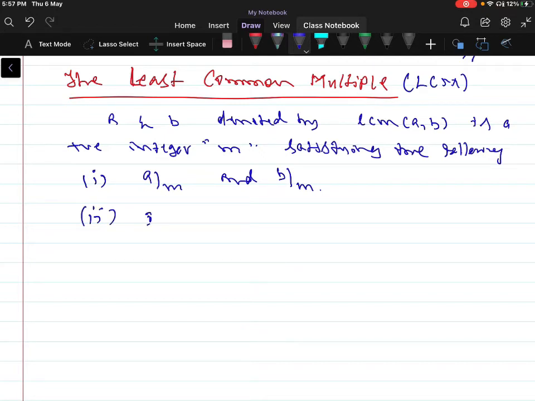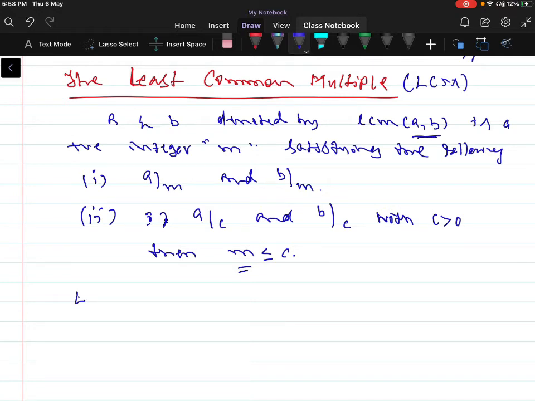Second, if a divides c and b divides c with c greater than 0, then m is less than or equal to c. If these two conditions are satisfied, we can say that m is the LCM of two integers a and b.